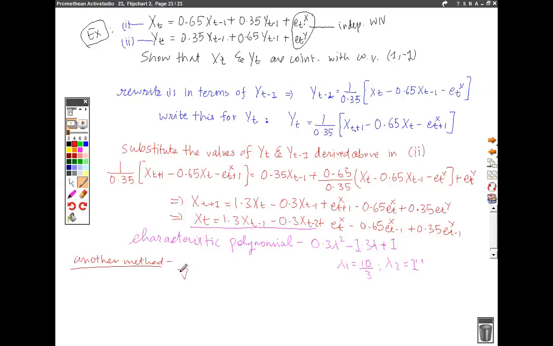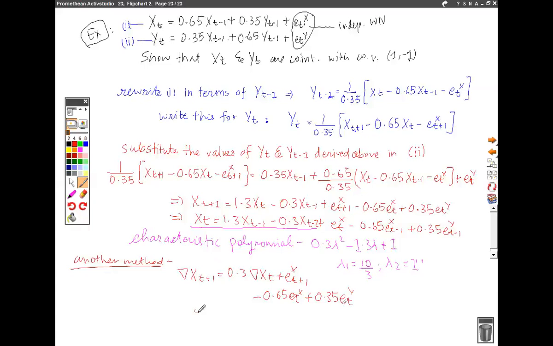You can just write it as nabla xt plus 1, and I'm just writing the direct answer here. And you can figure out the characteristic equation of this differenced process later on. So there are two different ways you can determine the order of this process.